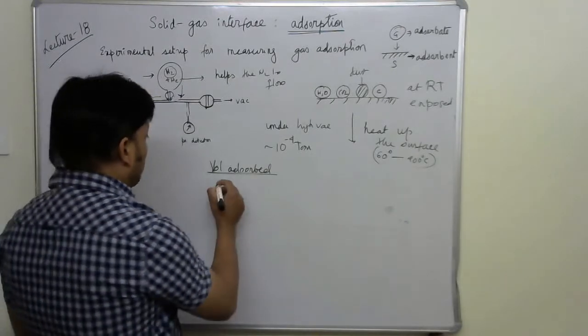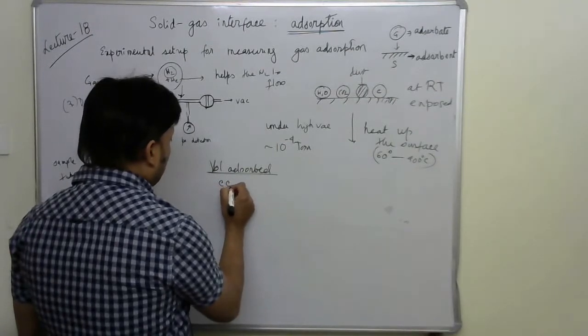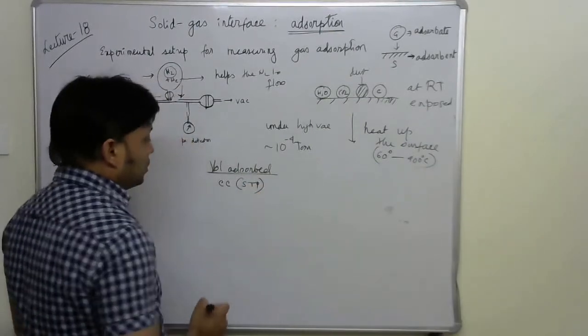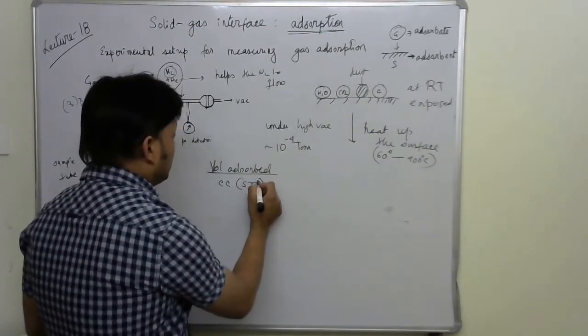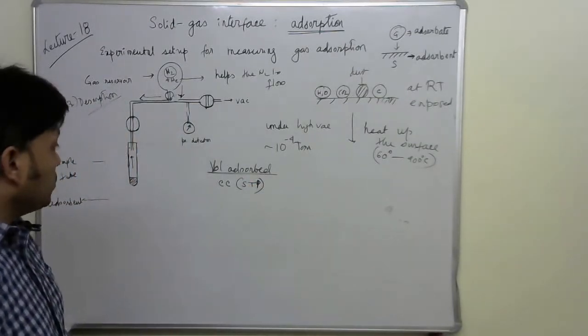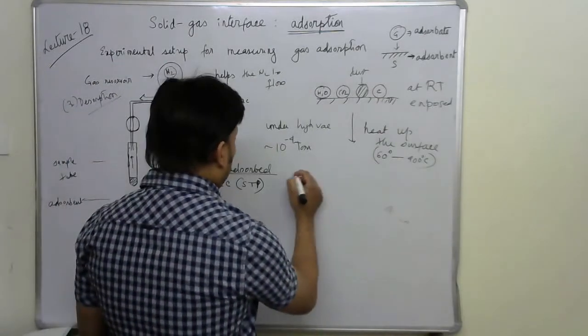Volume adsorbed is usually given in cc, cubic centimeter, and it is usually expressed at standard temperature and pressure, meaning 0 degrees Celsius temperature and standard pressure, meaning 1 atmospheric pressure, versus the pressure.